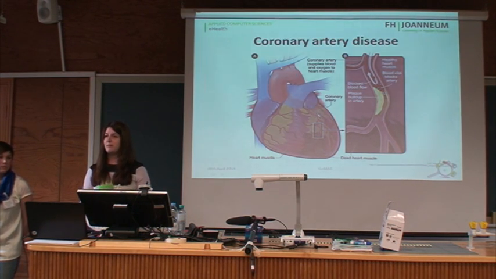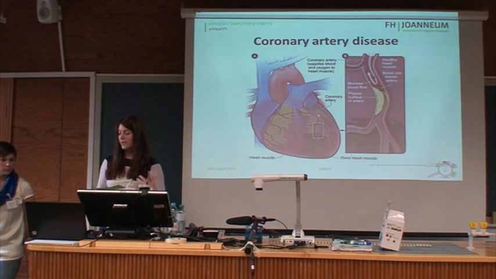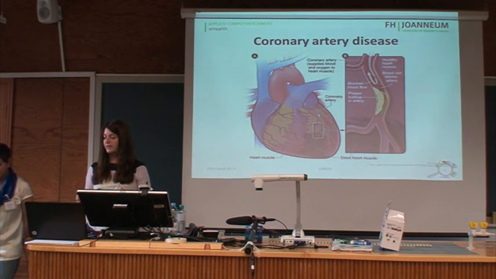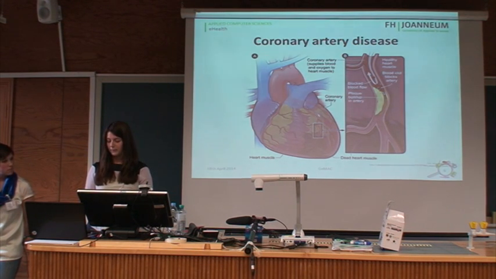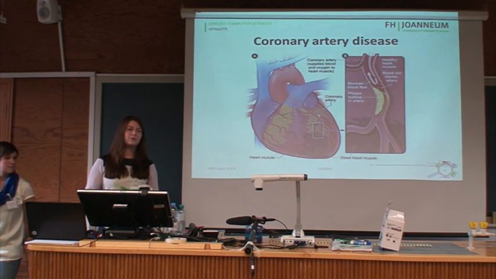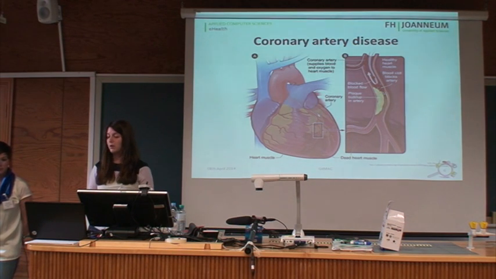These arteries supply oxygen-rich blood to the heart muscle. And if there is plaque, this narrows the arteries, and then the supply of oxygen-rich blood is reduced or even blocked, and so a heart attack can occur.